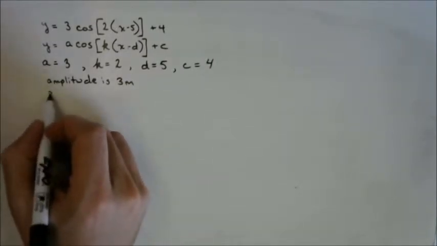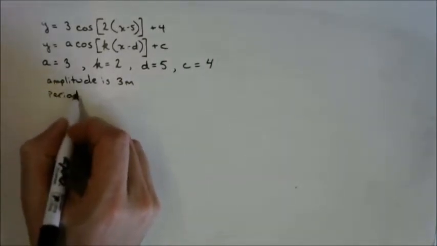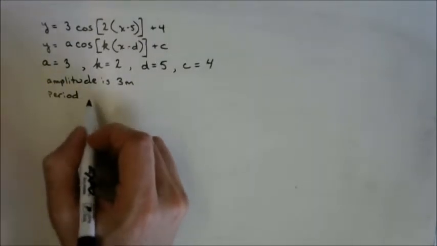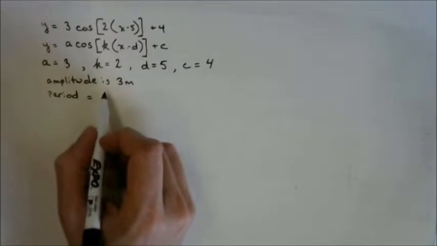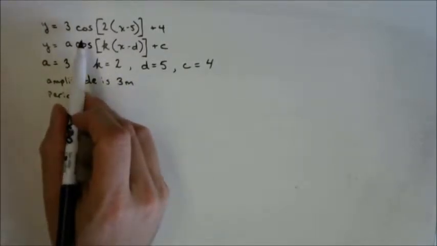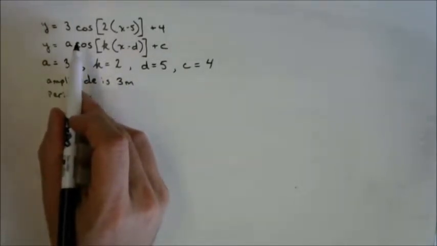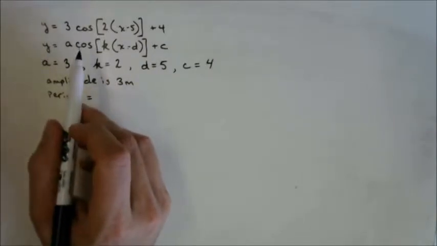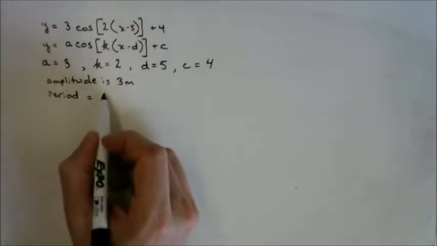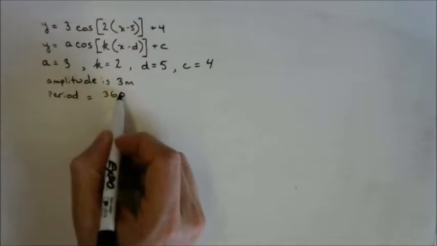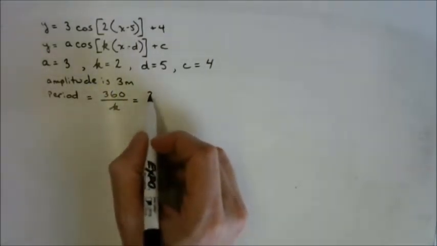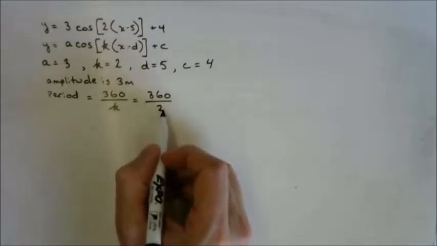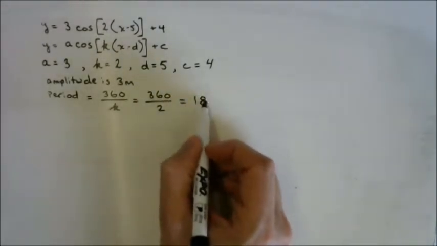Let's determine the period length. How do we determine the period length? The normal period length of the cosine function is what? How long does it take for the function to repeat itself? 360 degrees. So we've got 360 over k, which is 360 over 2, which is 180.